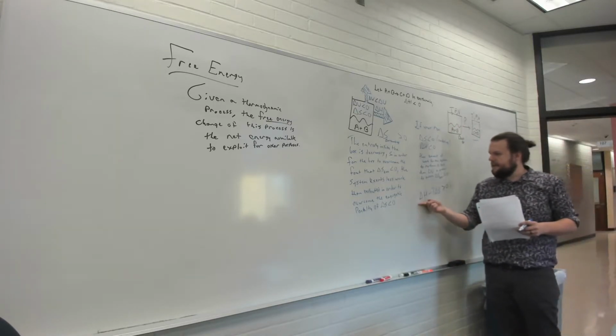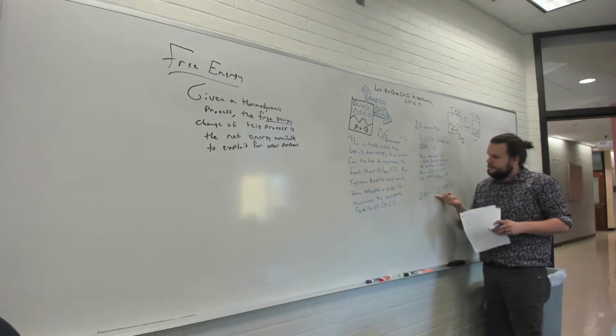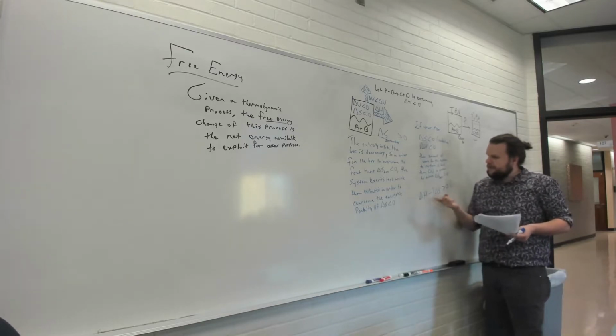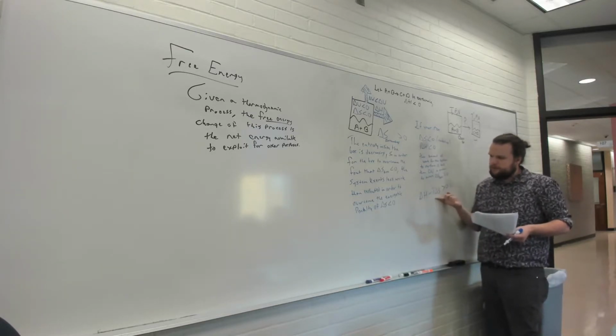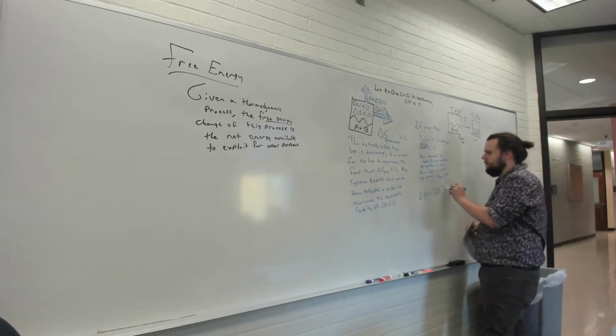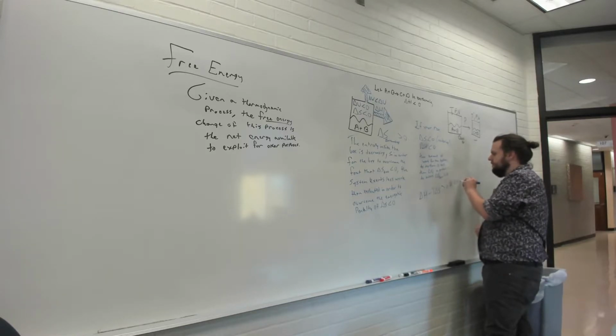So this is a negative number, and this number, well, it might be, right, so you have a negative number plus a positive number, depending on the size of this, whether it's greater than 0, right? So this is greater than 0 if delta S is very negative. Right, it's a very ordering reaction.